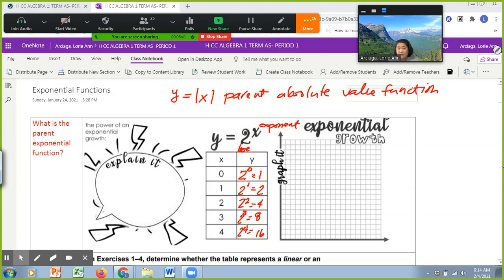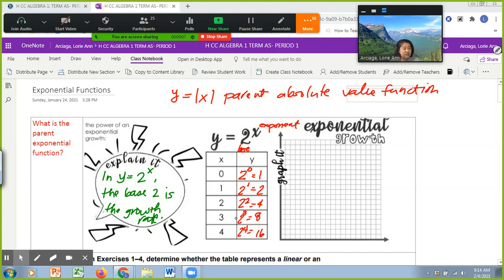But there's a more powerful concept about it. In y is equal to 2 to the x, the base 2 is the growth rate. So in other words, you didn't have to do all of these.